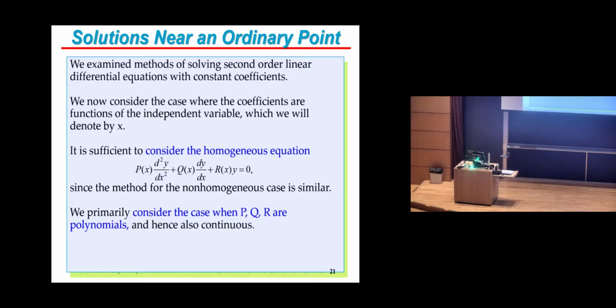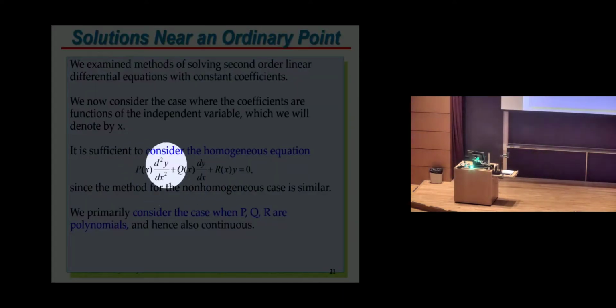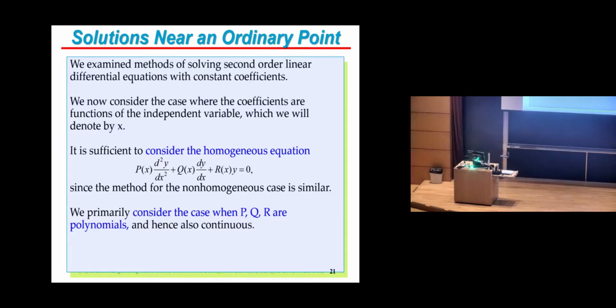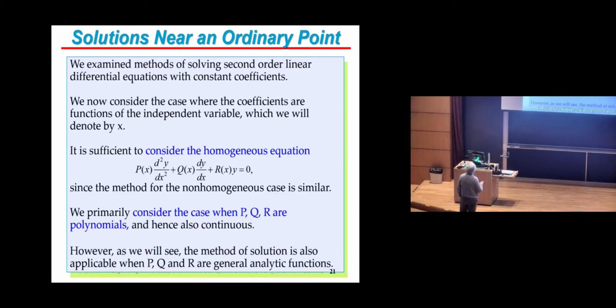Okay, but we would like to consider some cases that are a little bit more complicated than the simple cases we have done up to now, where P, Q, and R were simple polynomials. In essence, maybe we want to consider any sort of functions as coefficients and still be able to compute a solution to this problem.